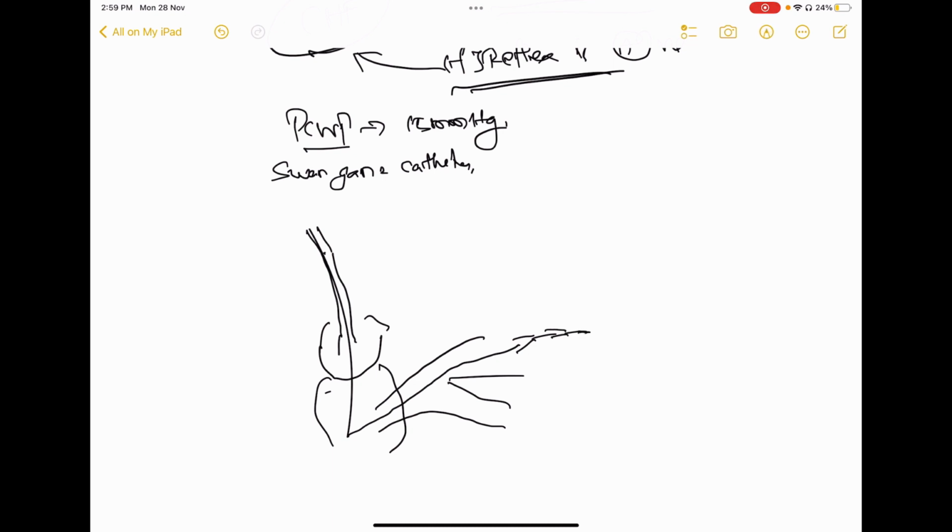Once it becomes wedged in that pulmonary capillary, you can measure the pulmonary capillary wedge pressure.